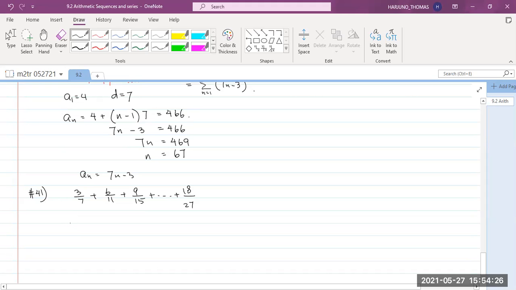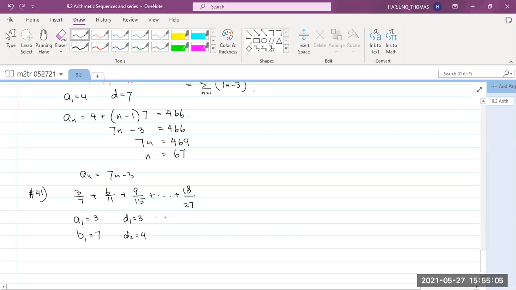However, the numerator follows an arithmetic sequence. The denominator also. Okay, the numerator, you keep on adding 3. The denominator, let me call the common difference here E. I don't like the notation. I call that D2 again. So the denominator, you keep on adding 4.